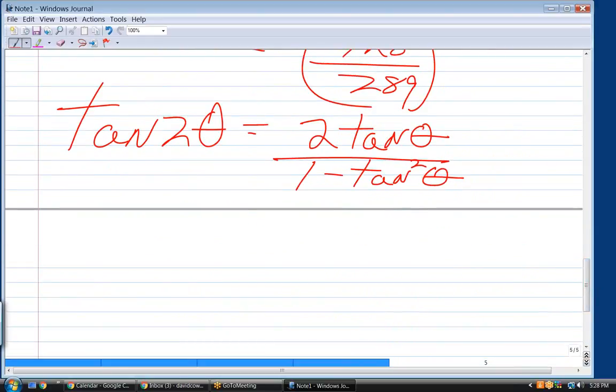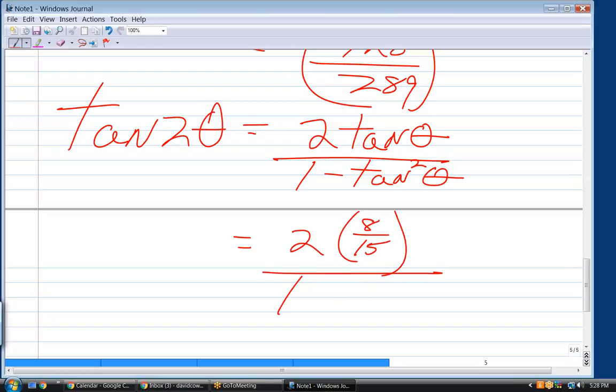So this becomes, the rest of it's kind of trivial. In other words, the rest of it's just algebra, arithmetic, whatever you want to call it.